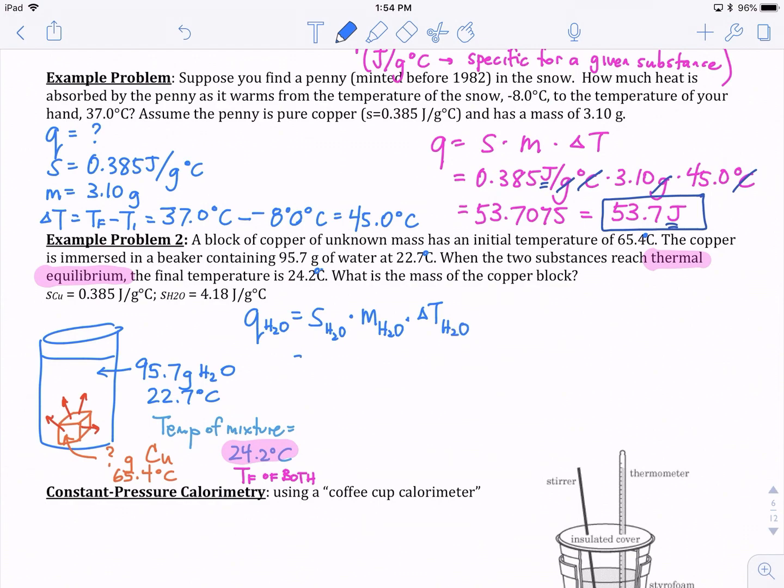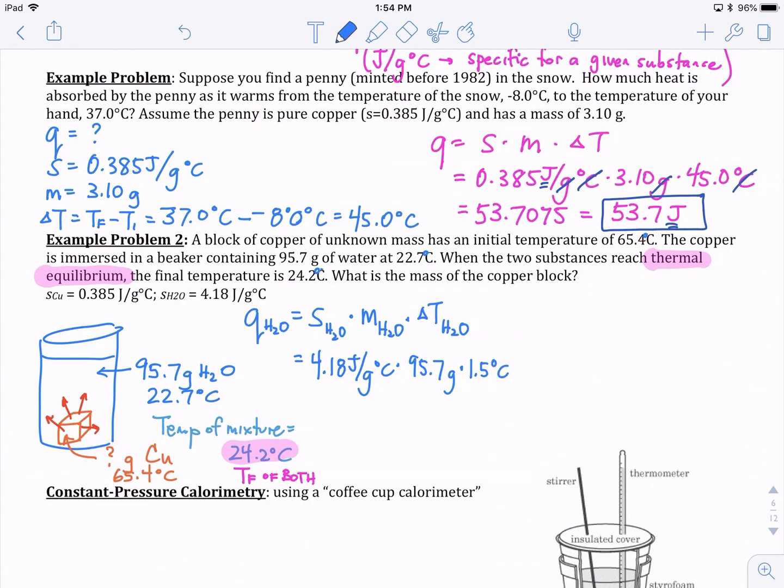And if we plug those values in, 4.18 joules per gram degree Celsius times our mass of the water, which is 95.7 grams, times our change in temperature of the water, 24.2 minus 22.7, which gives us a change in temperature of the water of 1.5 degrees Celsius.